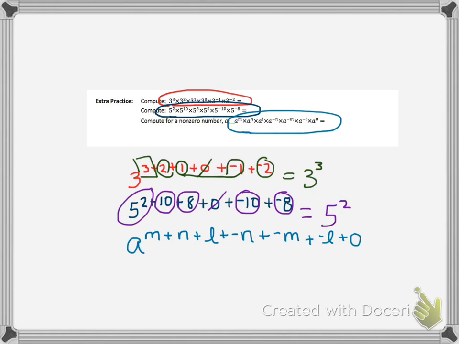So we're going to try and cancel things out like we've been. We have m and negative m that will cancel, n and negative n that will cancel, l and a negative l that will cancel. So we really just end up with a to the 0. And what is anything to the 0 power? Anything to the 0 power is 1.